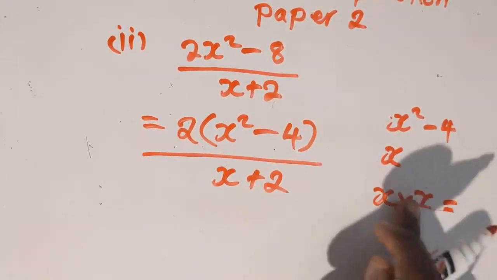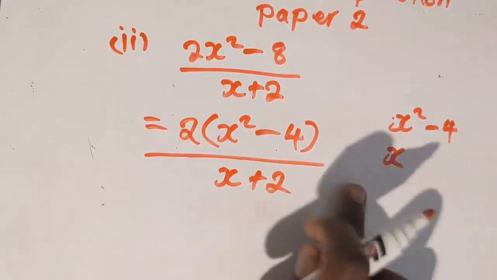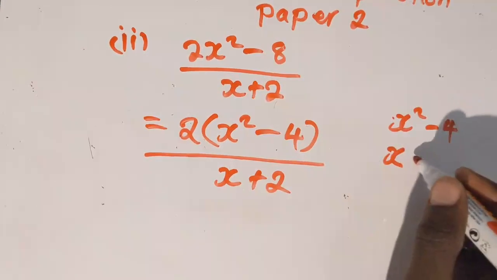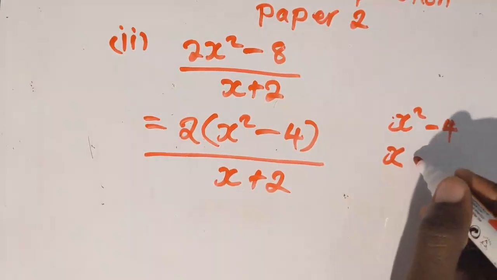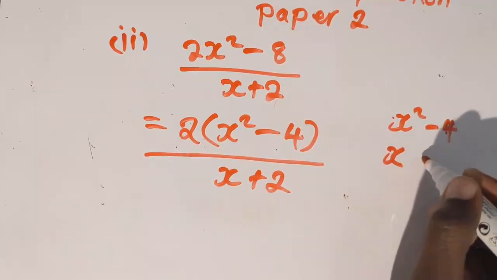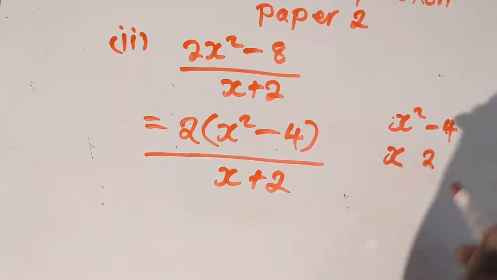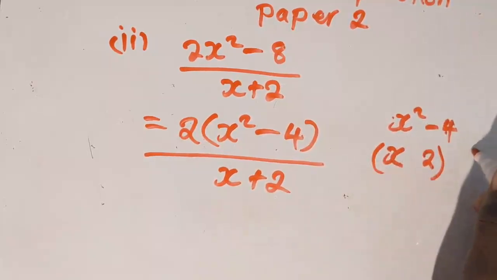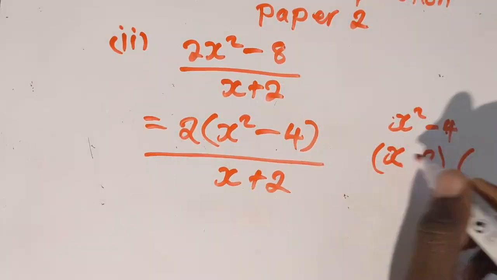So the square root of x squared is x. Then you say, what is the square root of 4? The square root of 4 is what? It is 2.